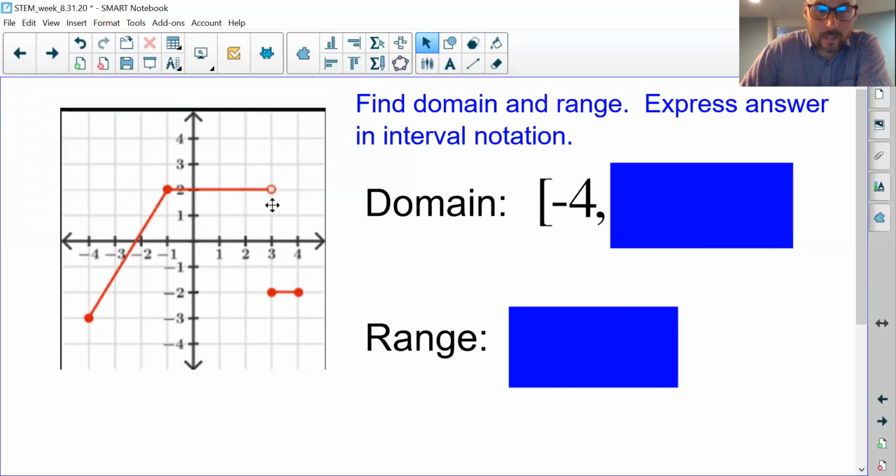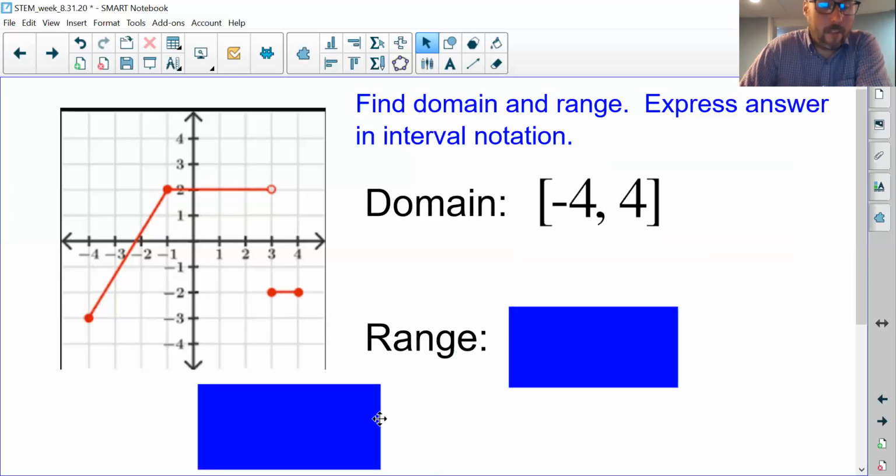Is 3 an x value of this function? Yes, it is. It's not accounted for here because there's an open circle, but 3 is accounted for here, and everything between 3 and 4. So even though this function is broken up into two pieces, the domain is simply every number between -4 and 4. Every number between -4 and 4 is on this function.